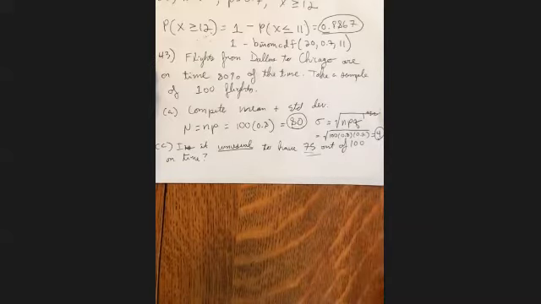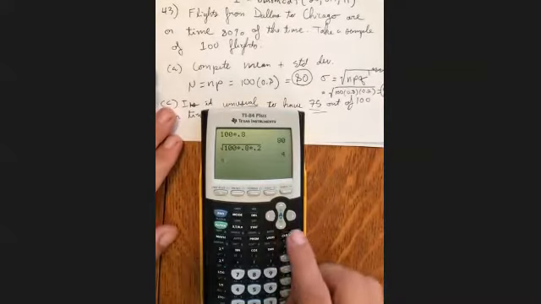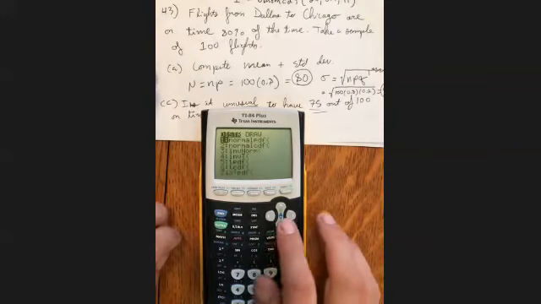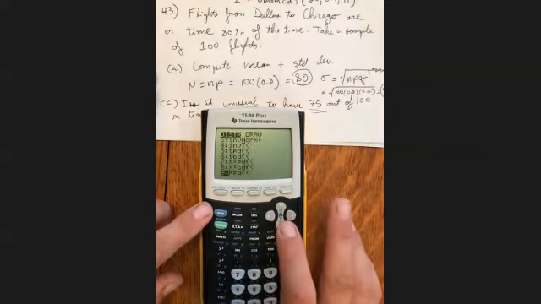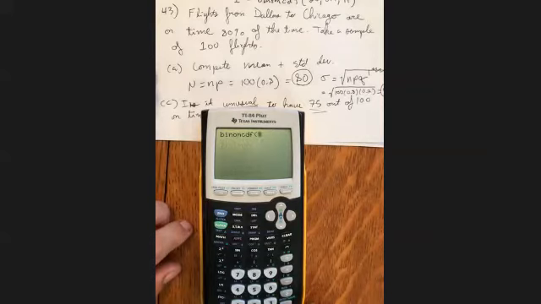The other way to do this is to compute the probability directly. This is a binomial distribution. So we say second vars binom CDF. And here we would have an n of 100, a p of 0.8, and here we would be counting up to 75. So this probability is 0.13, which is in excess of 0.05.